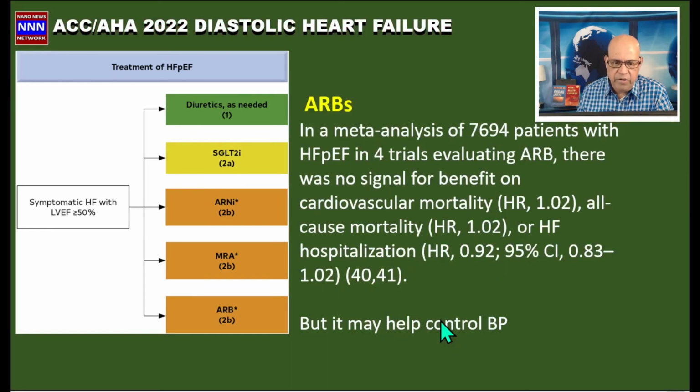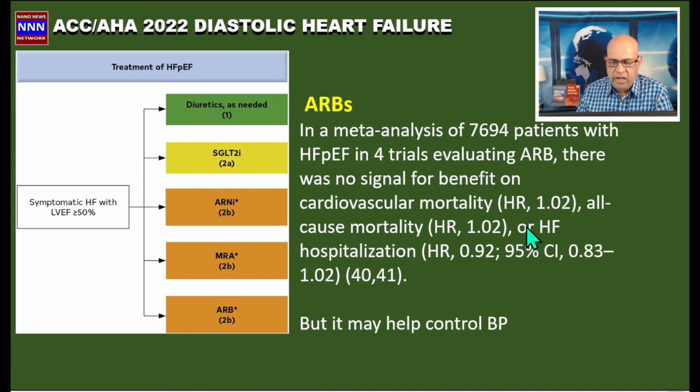If you look deeper into some of the trials that were done using these different classes of medications, in ARBs, in a meta-analysis of 7,694 patients involving 4 trials, the ARBs had no signal for a benefit. Cardiovascular mortality, there was no change in all-cause mortality.